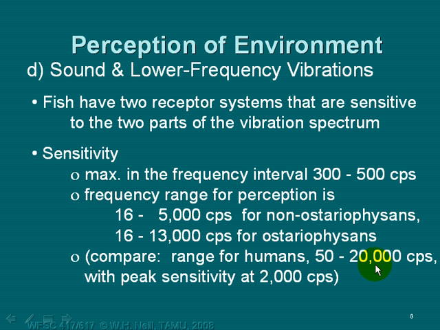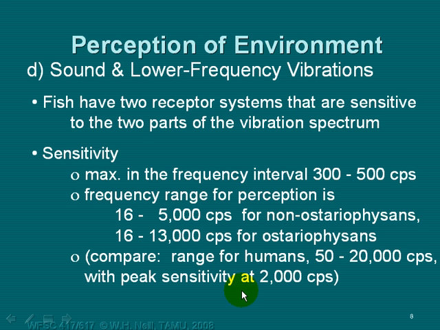In the fish groups, the majority of fishes that are labeled as being non-ostariophysi, that's the supergroup, and the ostariophysans, which are minnows and catfishes and fish like that, tend to be more sensitive to the high frequency end of the spectrum, all the way up to 13,000.